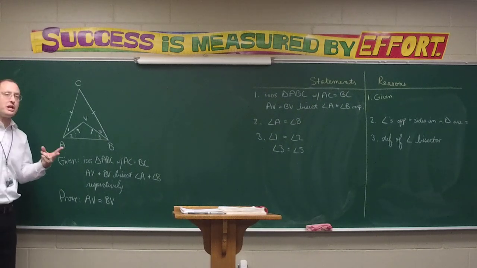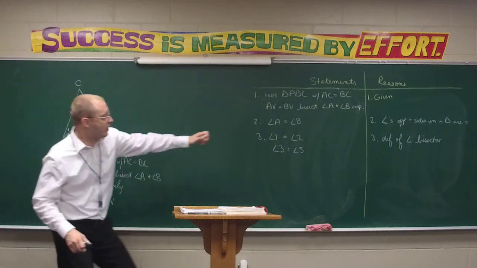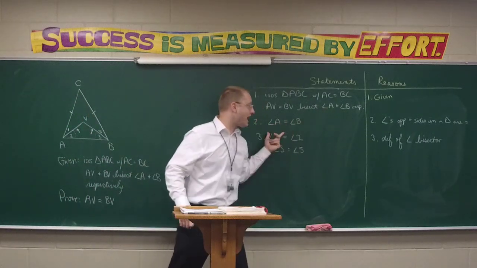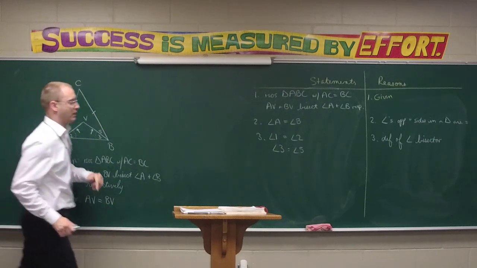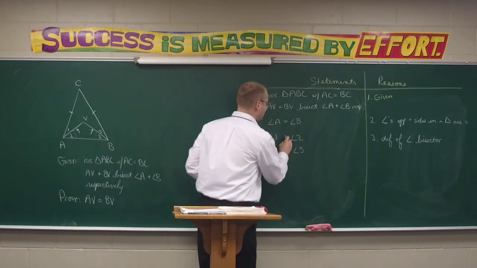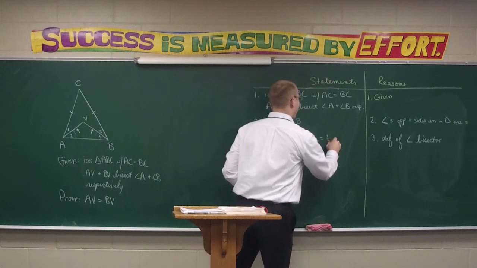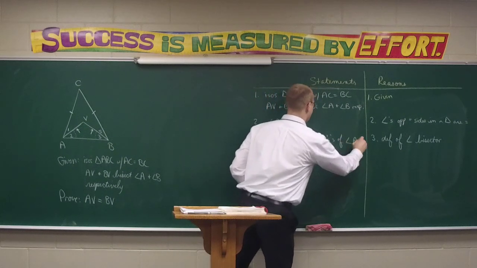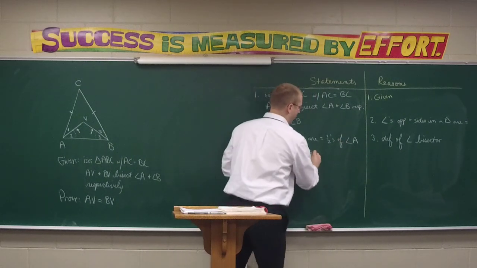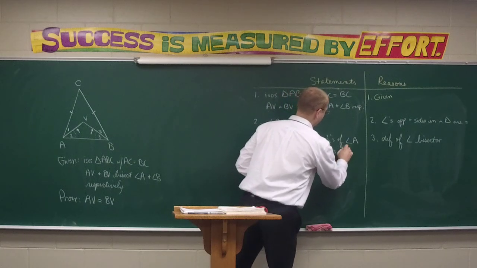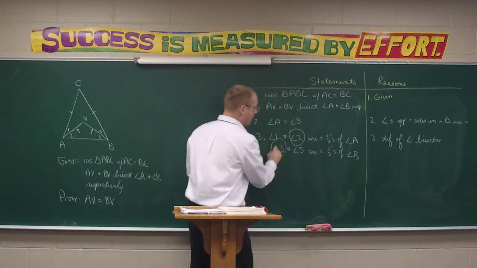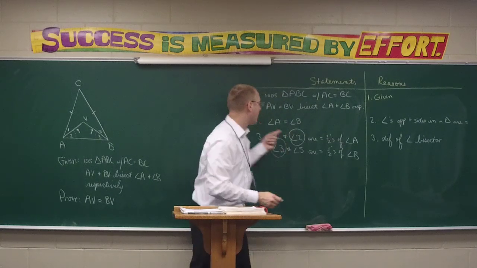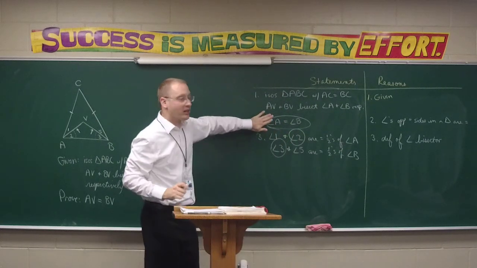But if you've got two things bisected, especially things that are equal being bisected, don't say angle 1 equals angle 2. Don't say angle 3 equals angle 5. Say that angle 1 and angle 2 are equal halves of angle A. Similarly, angle 3 and angle 5 are equal halves of angle B, because now angle 2 and angle 3 are equal halves of angles that are equal.